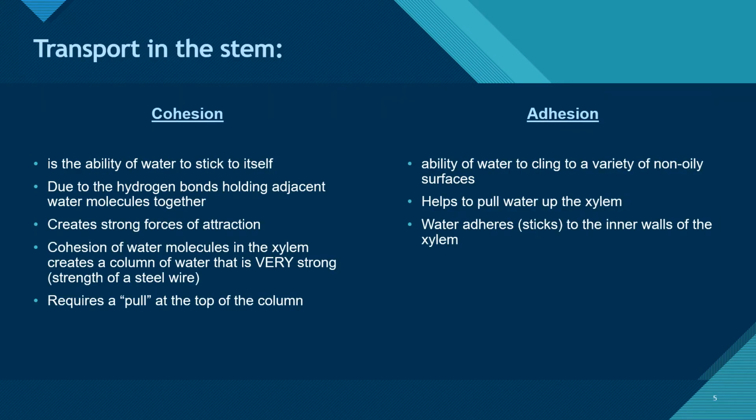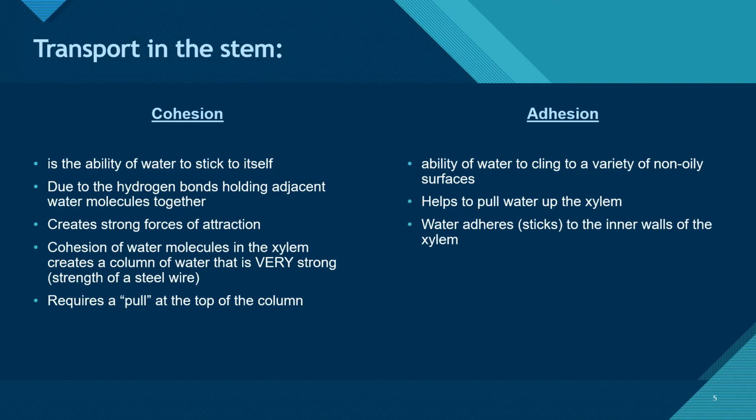So here we get to the actual transport in the stem. For xylem, it has two ways: cohesion and adhesion. Cohesion is the ability of water to stick to itself. If you think back to chemistry, the bonds of H2O pull and stick to each other due to something called a hydrogen bond, if you remember learning that.